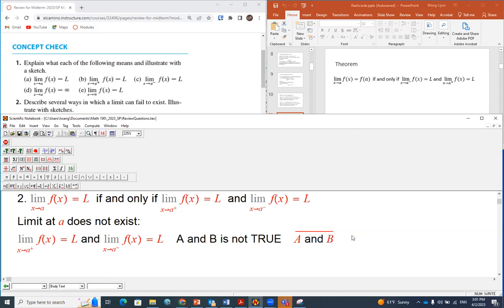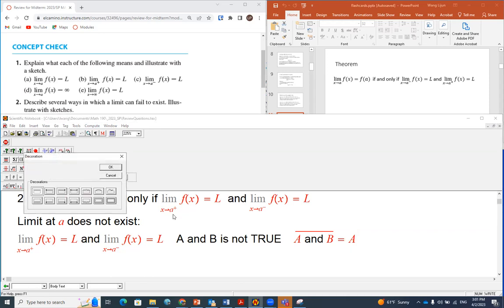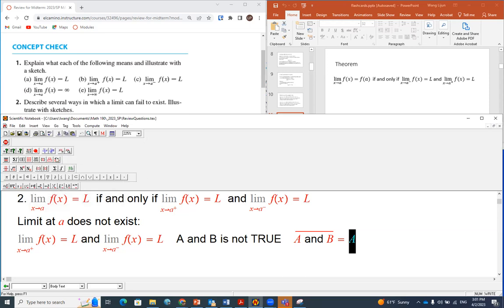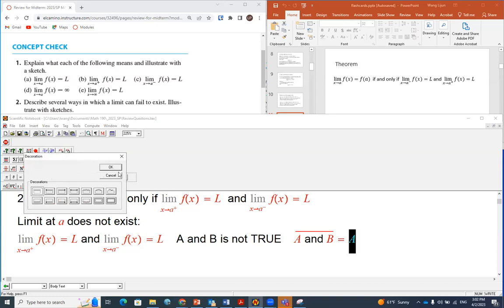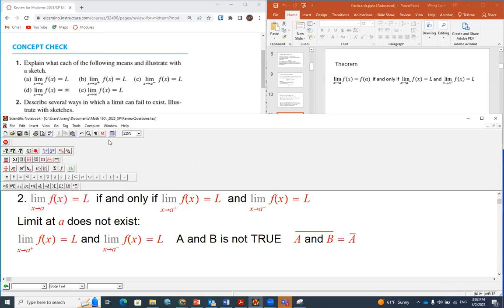A and B is not true is the same as A is not true, or B is not true.